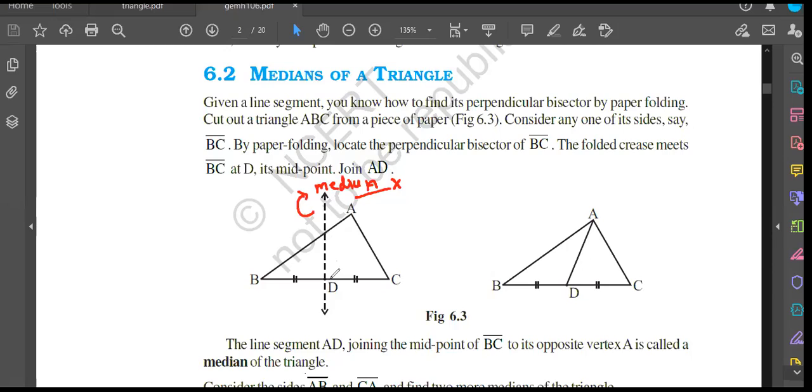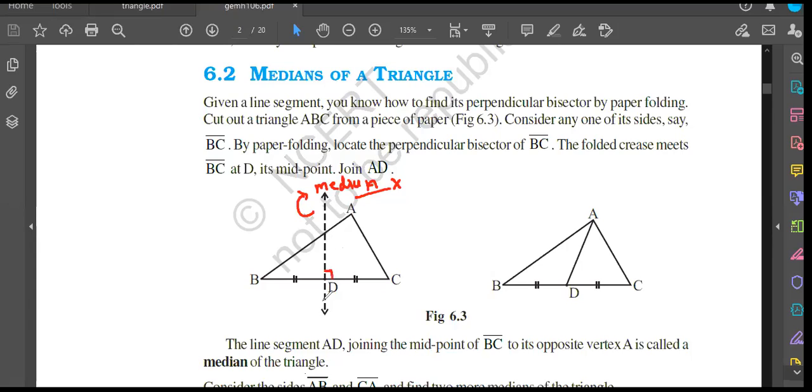It is dividing it. This sign means it is dividing equally. If you have this double sign, it means it is equal. So the side is equal, still it is not a median. Then what is it called? It is at 90 degrees.